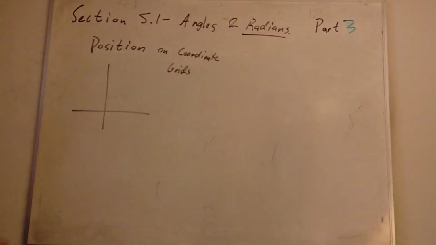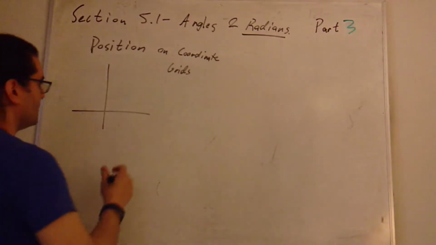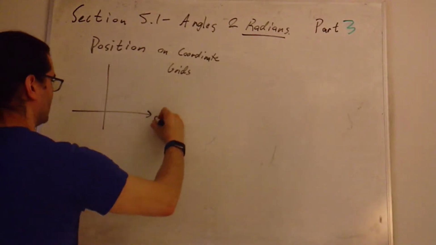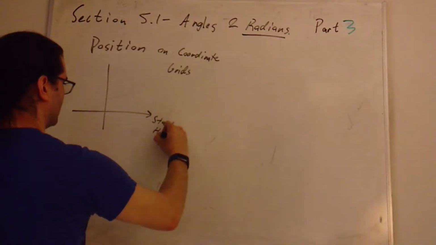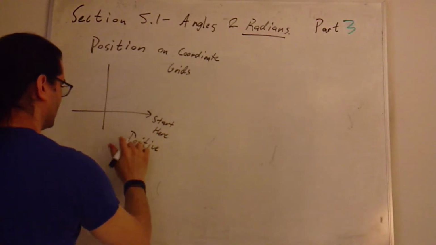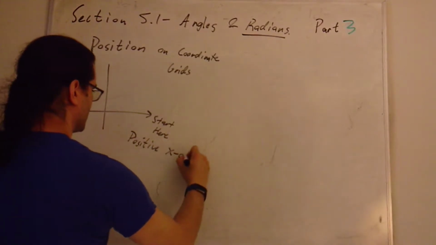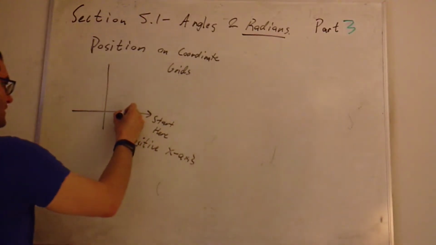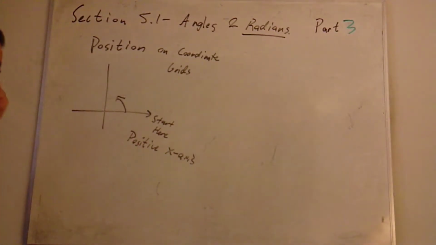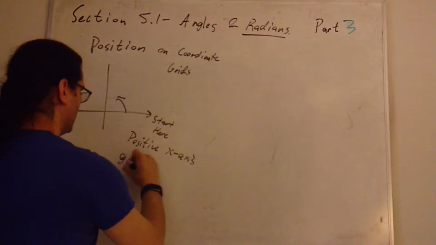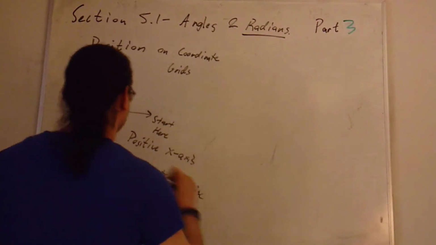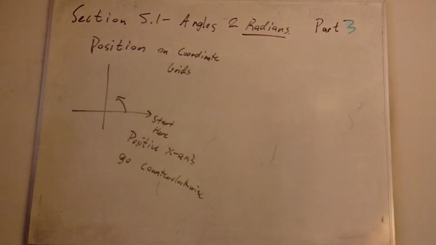When we put angles on the coordinate grid, the thing to keep in mind is that you always start here at the positive x-axis. Always start here, and you go counterclockwise. This gives all of these angles positions.